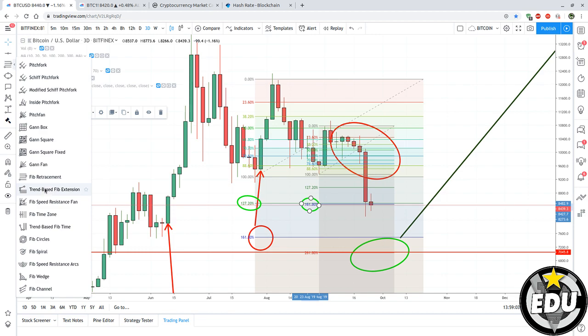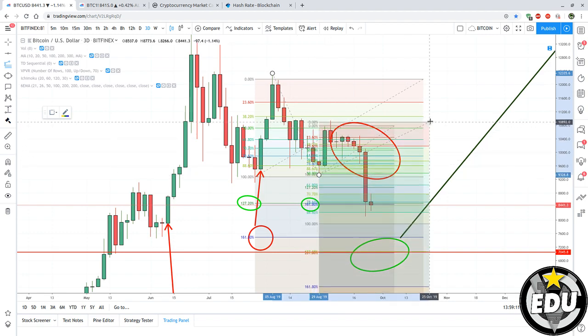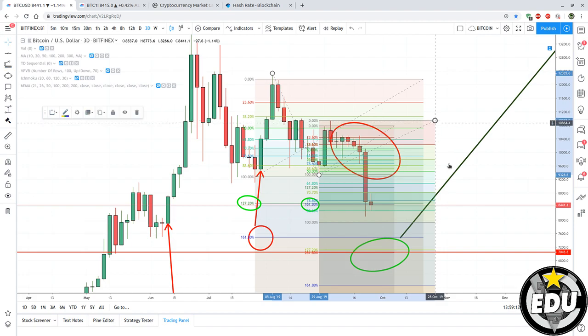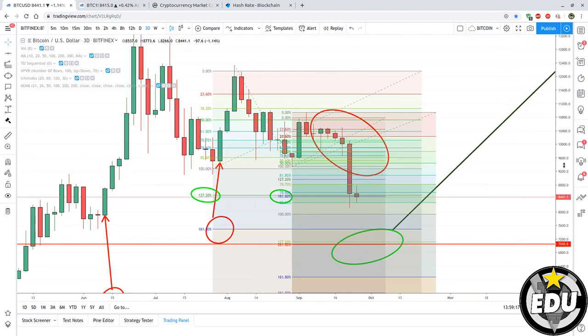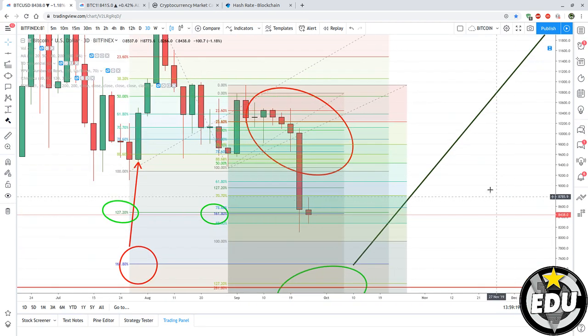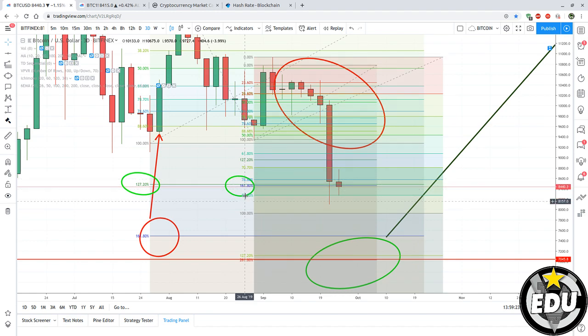That will be like 3 Fibonacci. So to trace this, I'm gonna trace the point 0 to point 1 to retrace point 2. Let's see what level we got. Nah. Well, we got the 78 and the 88. That's where price is bouncing right now.